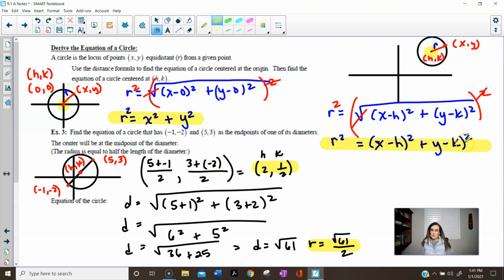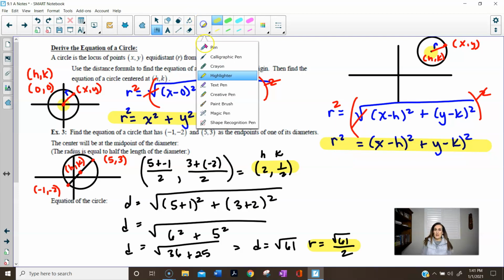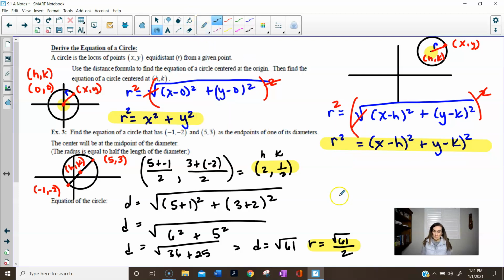So I'm going to use this equation right here, and I'm going to write the equation of the circle. So it would be r squared, and so this would be the square root of 61 over 2 squared is equal to x subtract h, which is 2 squared, plus, oh, I forgot the parenthesis up there, y subtract k, which is 1/2 squared.